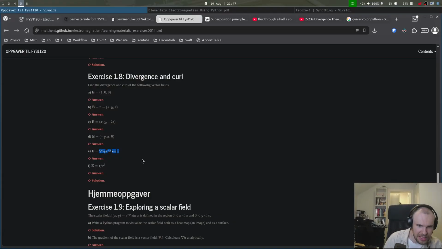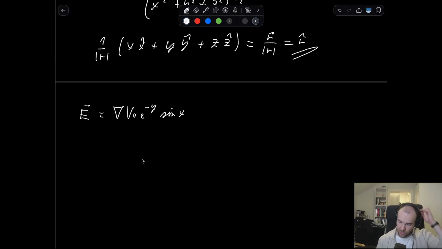Okay, so E is equal to the gradient of V0 e to the -y sine x, right? First thing we should do is open this up, because doing divergence and curl on that is a bit of a pain.